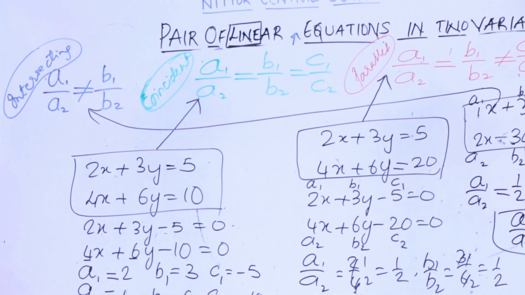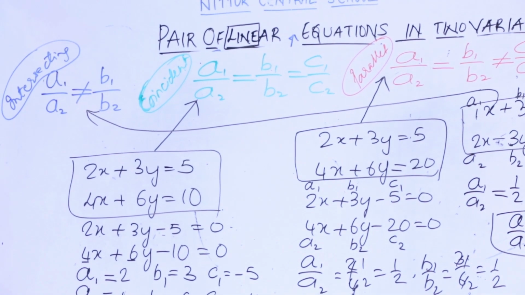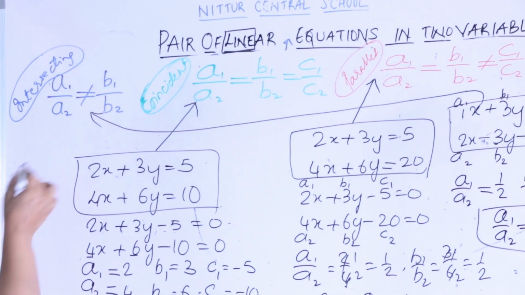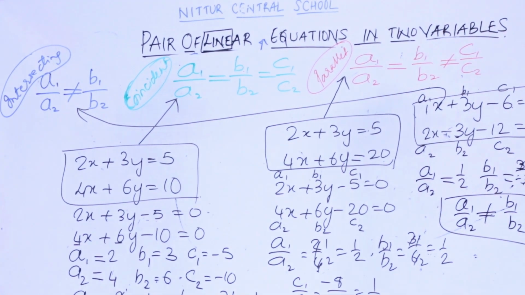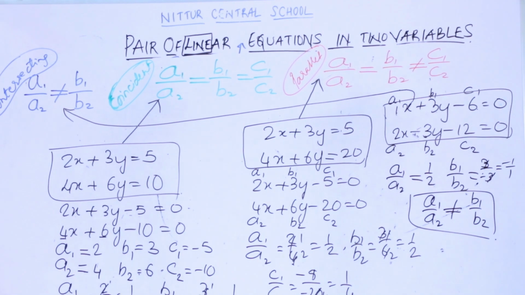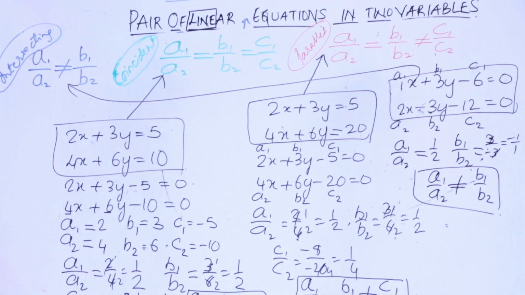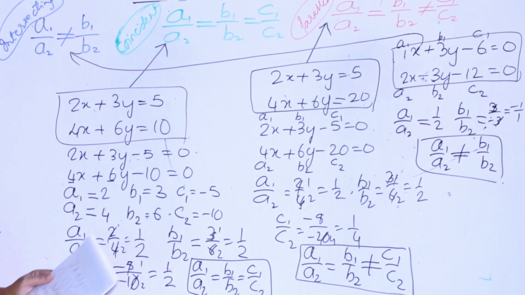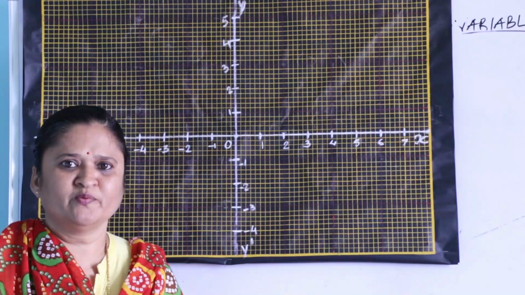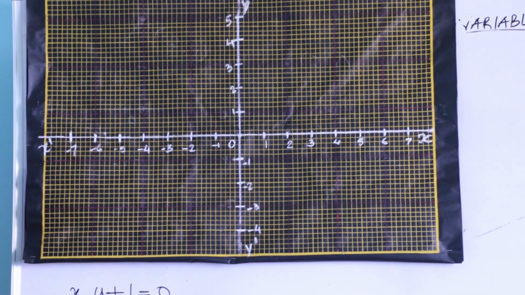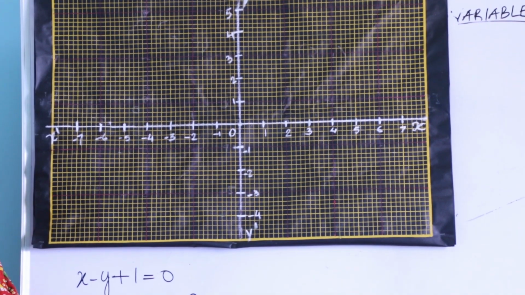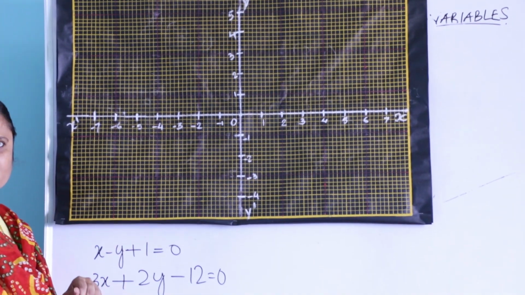This set of equations forms intersecting lines on the Cartesian plane. So, with this explanation, you can solve the second exercise of this particular chapter. I will show you how to plot a given pair of equations on the Cartesian plane.